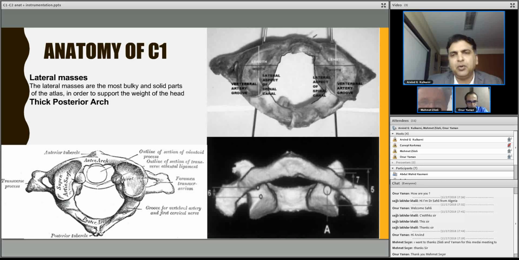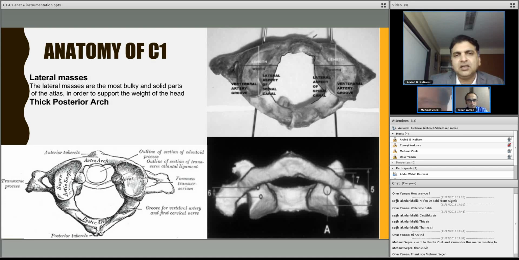I'll be speaking about the anatomy of C1 followed by the anatomy of C2. Now these two vertebrae are totally unique to the entire spinal column. Most of the other vertebrae are typical. These are atypical because they are challenged by different movements, mainly rotation of the neck as well as flexion and extension.